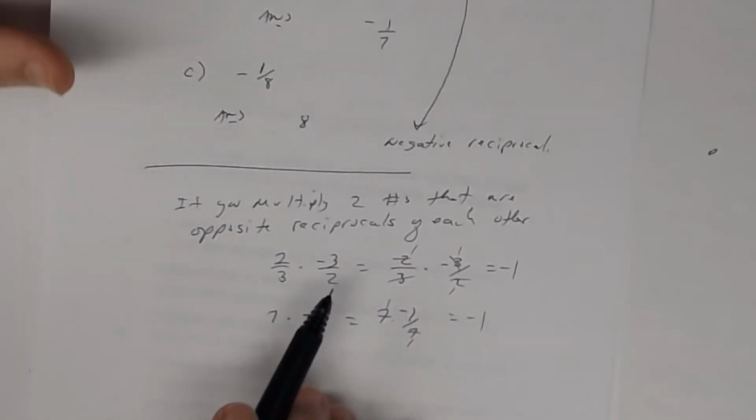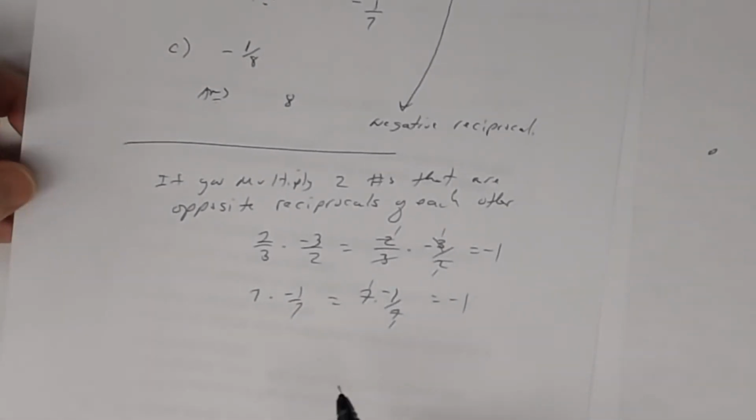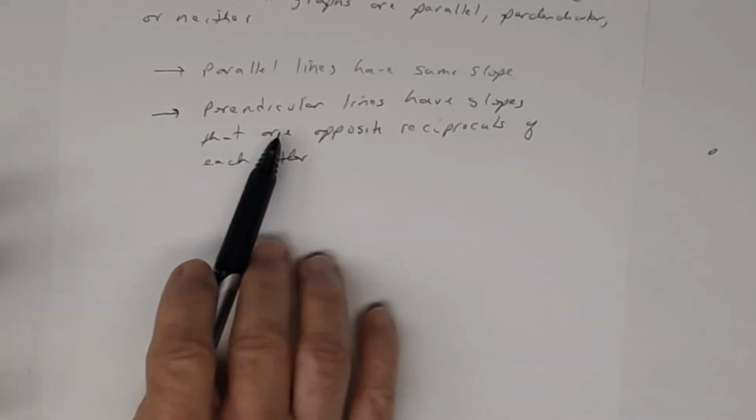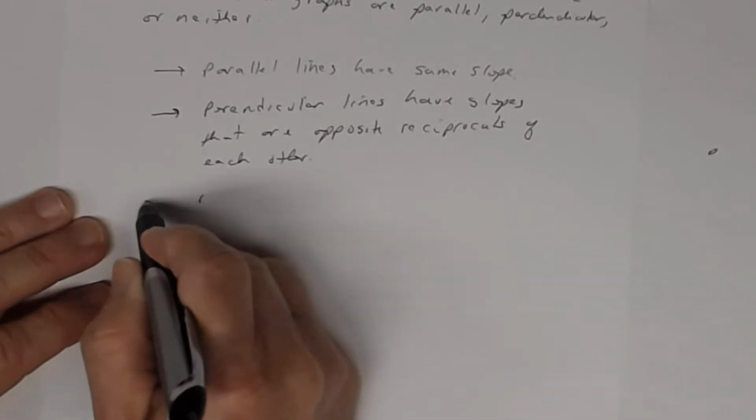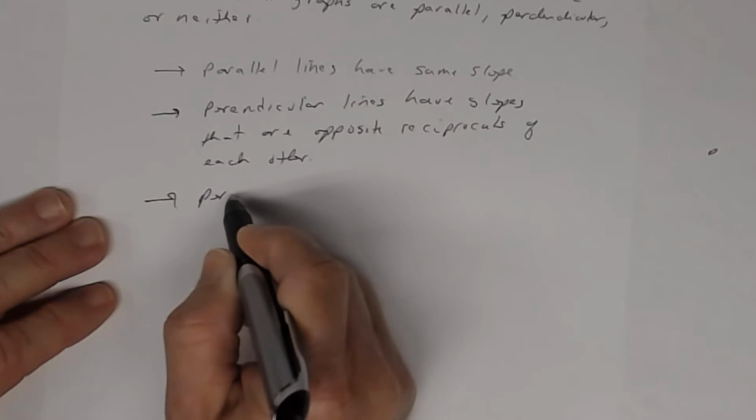So the other way that some textbooks will say that two lines are perpendicular is this.